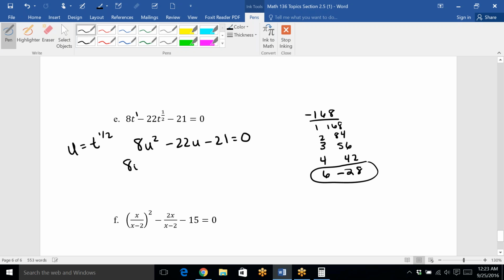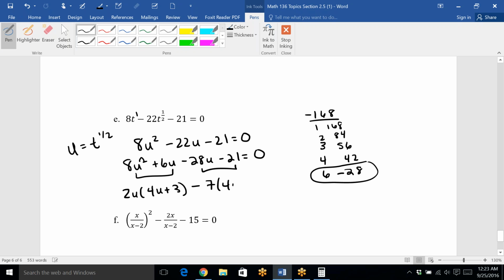So then this would be 8u squared, let's put the 6 first, plus 6u minus 28u minus 21 equals 0. Pull out a GCF of each pair. This would be 2u, and that would be 4u plus 3, minus a 7, and that would be 4u plus 3.